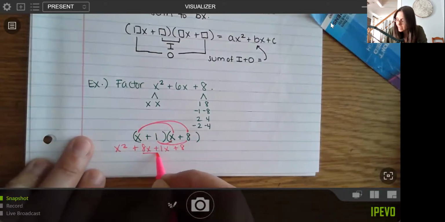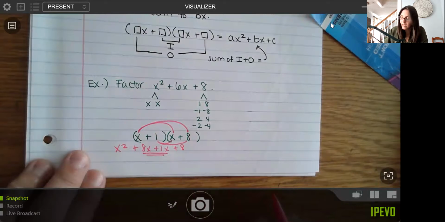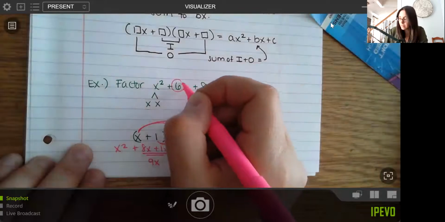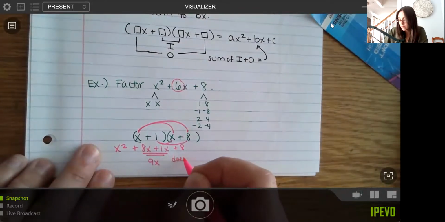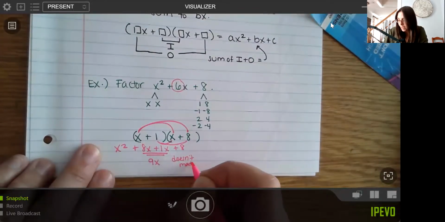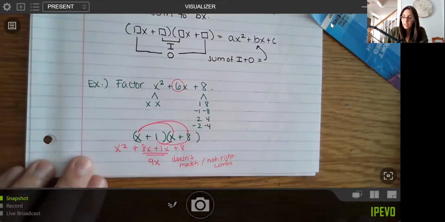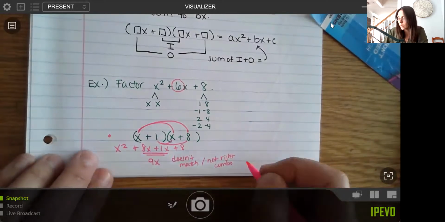So if I look at that inside and outside combination and I add them together, notice I get a 9x. My original problem had a 6 in it, so this doesn't match, which means it's not the right combination. So this one here doesn't match. It's not the right combo. So what you're going to do, you're going to try again.